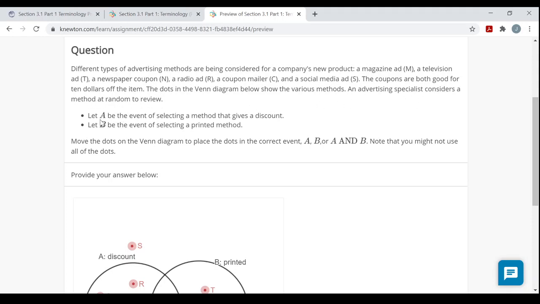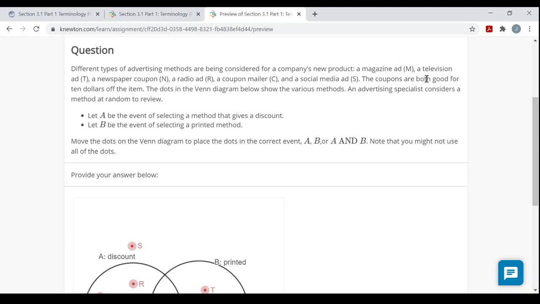All right, so let capital A be the event of selecting a method that gives a discount, and B be the event of selecting a printed method. Right. So reading through here, it says the coupons are good for discounts. So we have a coupon mailer and a newspaper coupon. There's only 2 coupons, right?